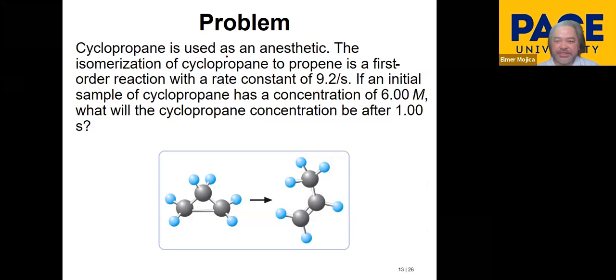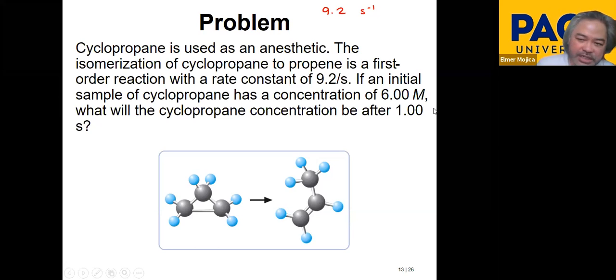So for instance here, you have cyclopropane used as anesthetic. The isomerization of cyclopropane to propene, as shown here, is first order with a rate constant of 9.2 per second. If an initial sample of cyclopropane has a concentration of 6 molar, what will the cyclopropane concentration be after 1 second?